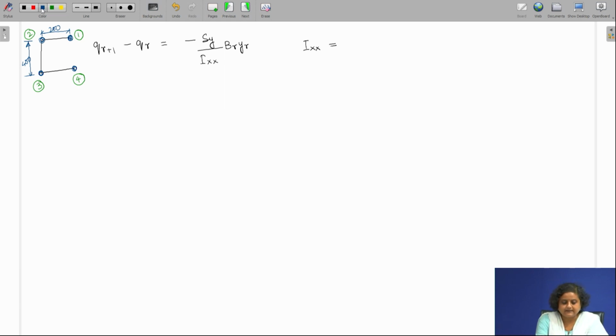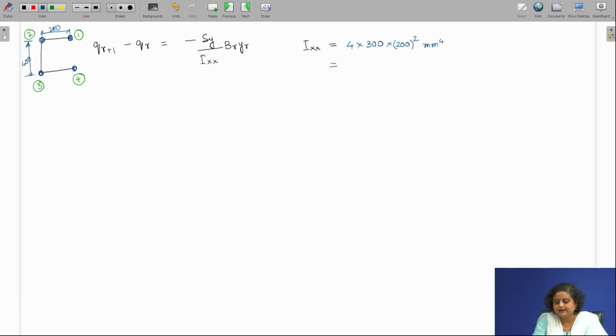Now, Ixx is going to be: there are 4 booms, each of area 300 millimeter square, and each of these booms is located at a distance 200 millimeter from the x axis. So, therefore, it all has 200 distance. So, the total Ixx is this one, and the unit would be millimeter 4.